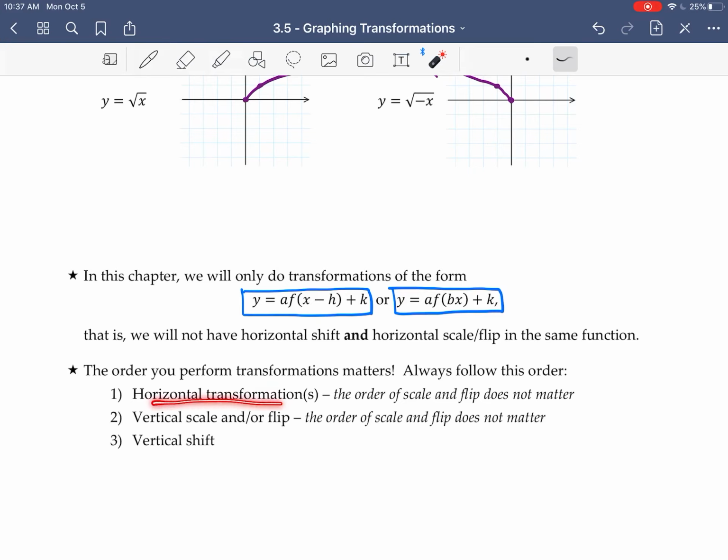So you can do the horizontal transformations, so that's the shifts and expansions or compressions. And then you can do the vertical scale and flips, but the vertical shifts have to be last. So that's the order we're going to try to do.